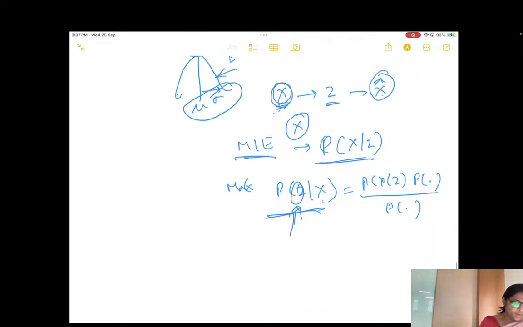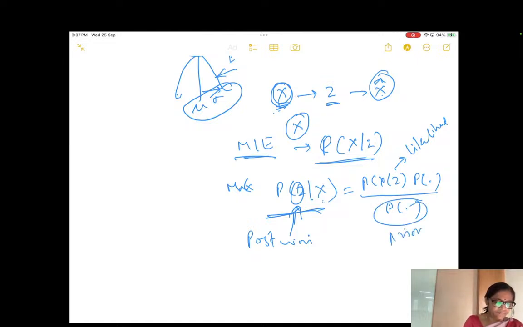This is called posterior. This is likelihood. This is called prior. Always posterior is equal to likelihood times prior. I have given all the meanings. At least now fill in the gaps.